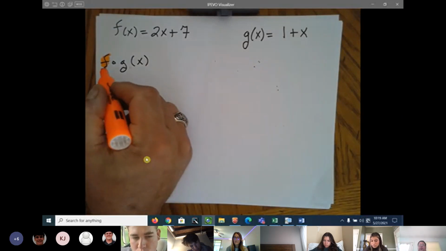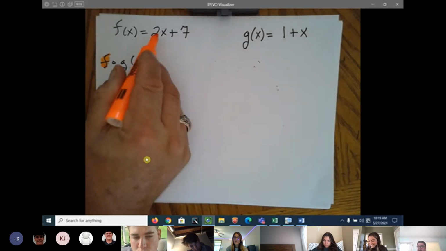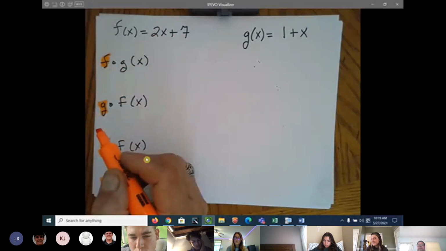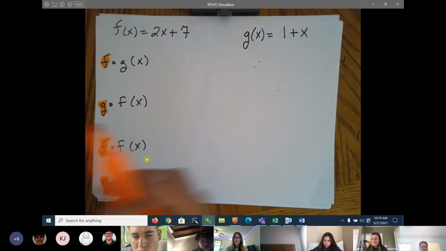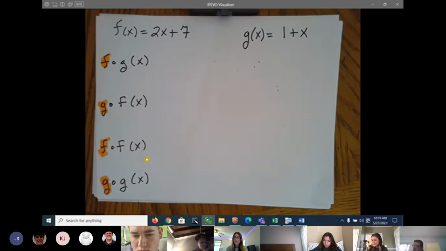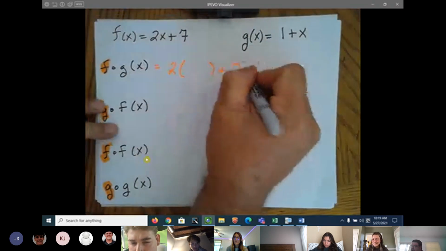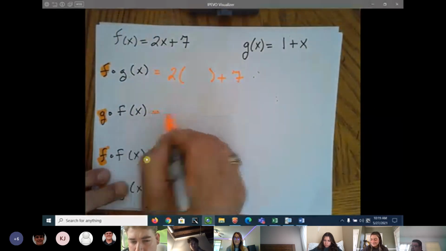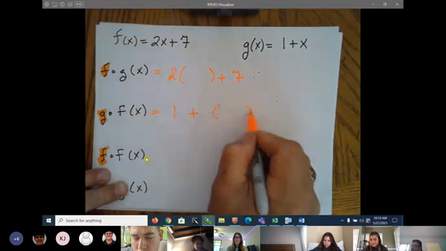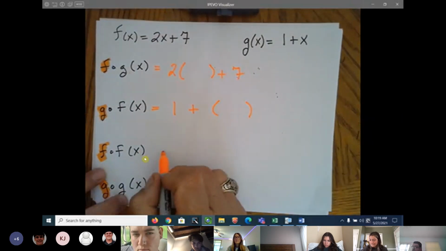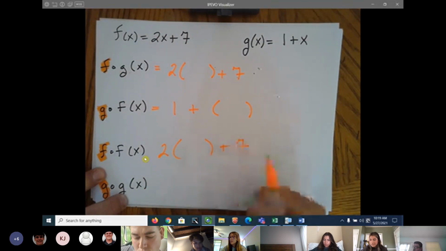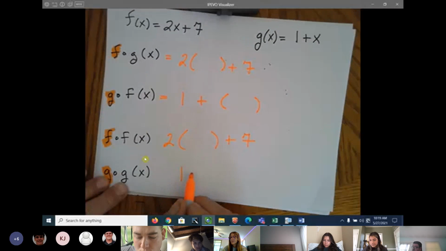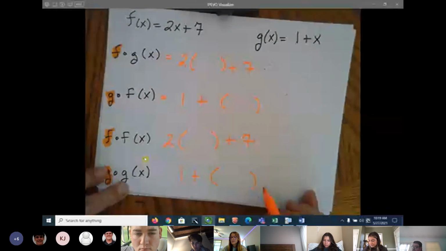All right. I'm going to rewrite that composition, that equation, with a big set of parentheses. So watch what I do here. 2 parentheses plus 7. 1 plus parentheses. 2 parentheses plus 7. 1 plus parentheses.